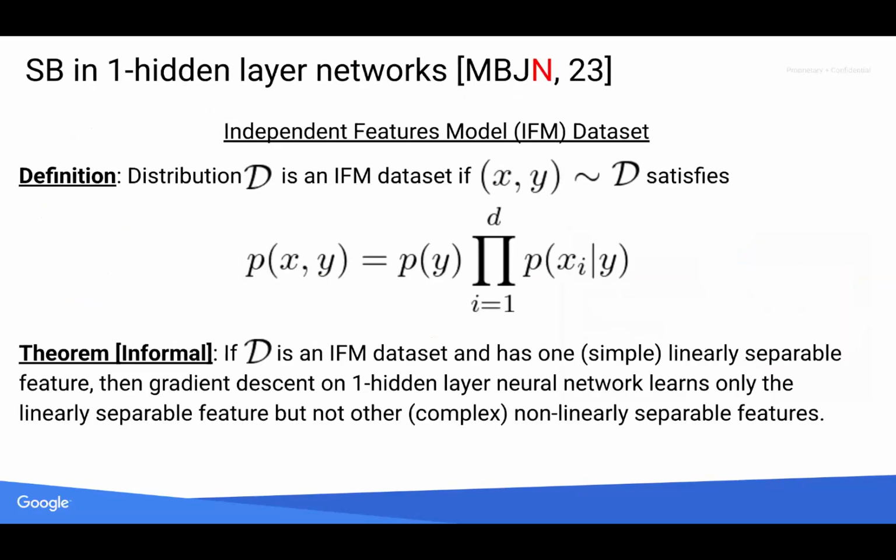If you have at least one linearly separable coordinate, even if there are many other coordinates in which the classes can be separated, but using a non-linear boundary, like a piecewise linear boundary that we saw earlier, then gradient descent using a one hidden layer neural network only learns the linearly separable feature, meaning the linear classifier that we saw in the previous slide. It doesn't learn the more complex, piecewise linear, but at the same time more robust classifier. Okay, so this can be shown rigorously in the independent features model setting.